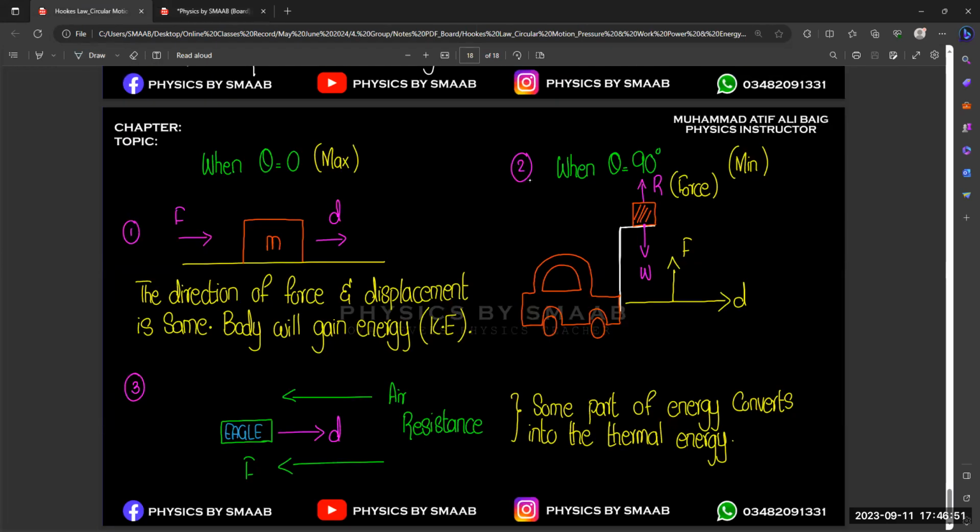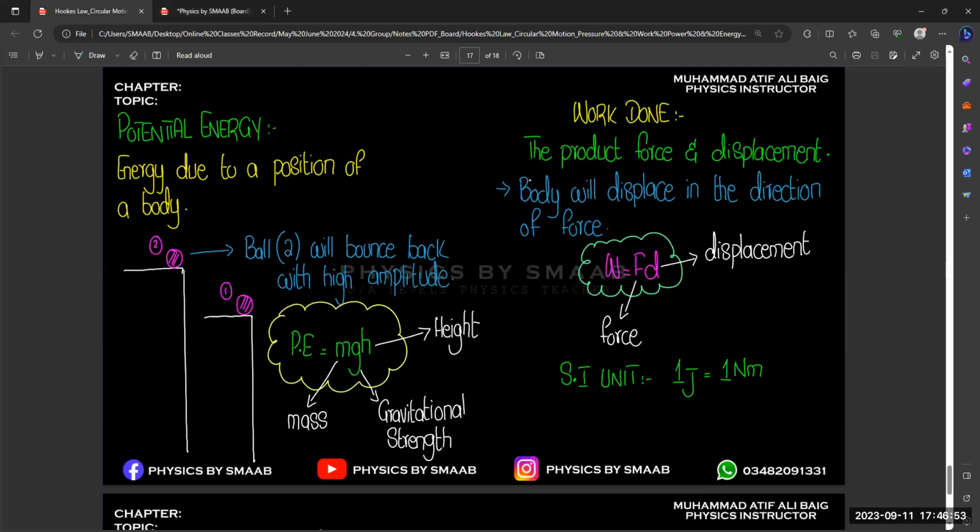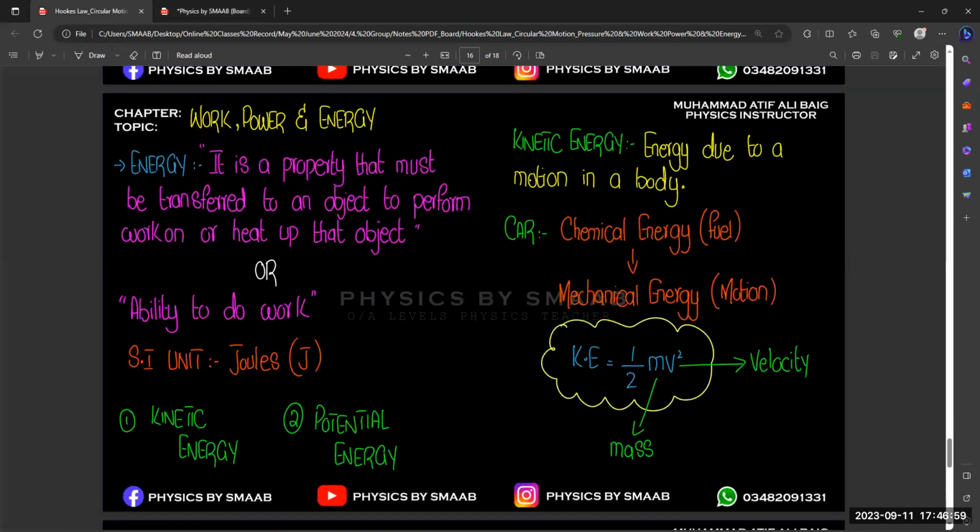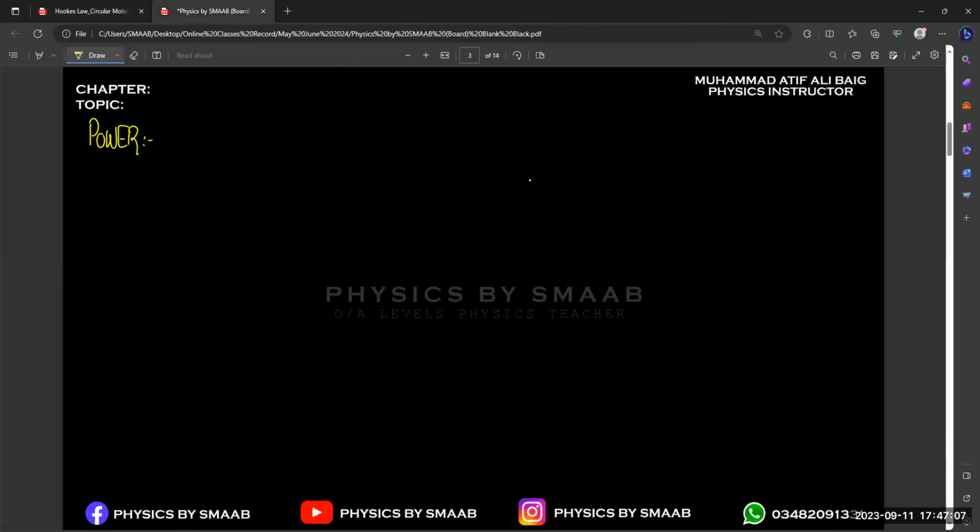Initially we discussed that in simple words we can say that energy is the ability to do work, right? Ability to do work, in simple words we can say that it is known as energy. And for power, we use the words powerful engine, powerful vehicle, powerful machine.